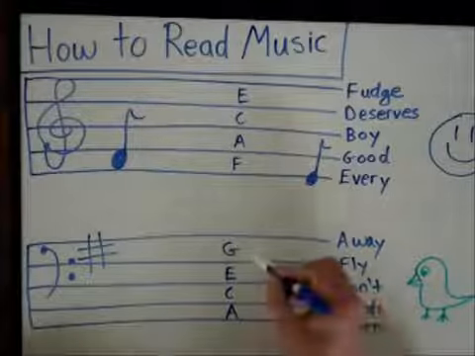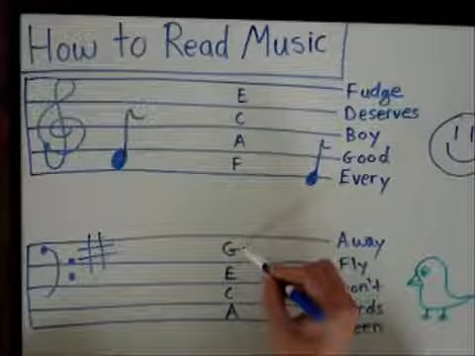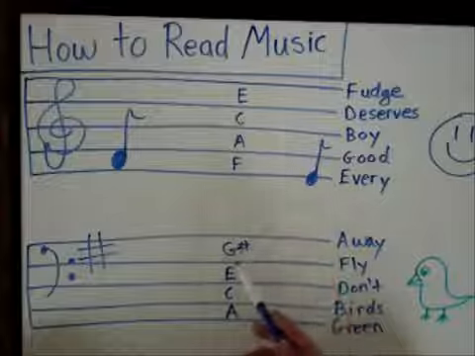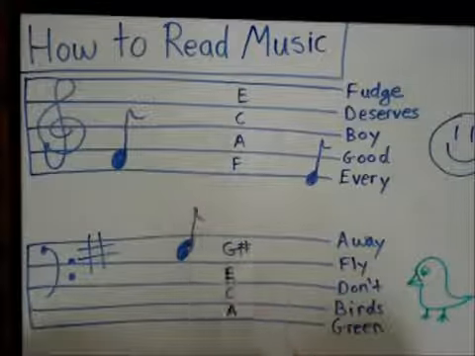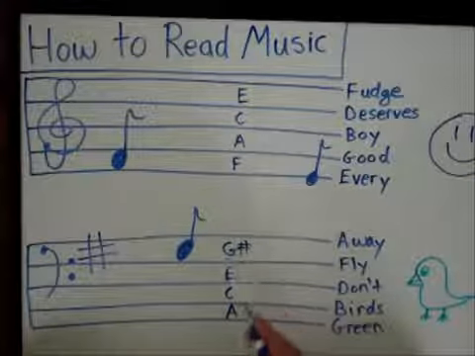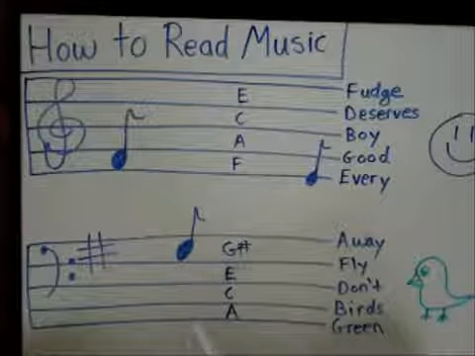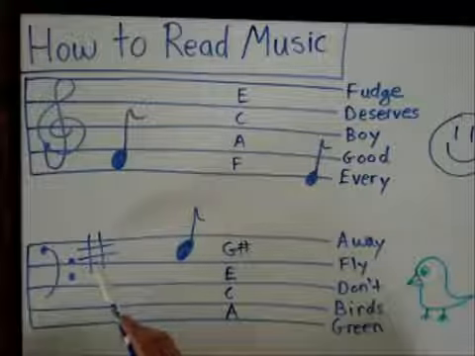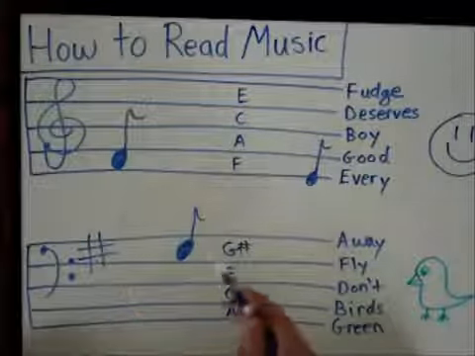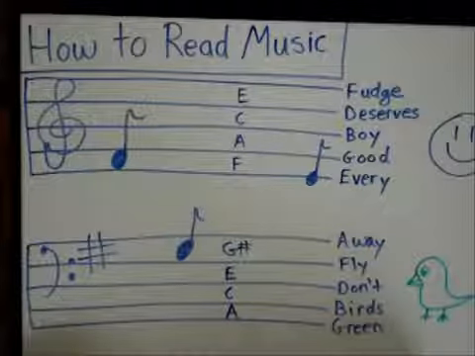So instead of playing a G, you're going to play a G sharp if you see a note in this space. You'll say, oh, it's a G, and it's showing a sharp notation, so I'm going to play a G sharp instead.